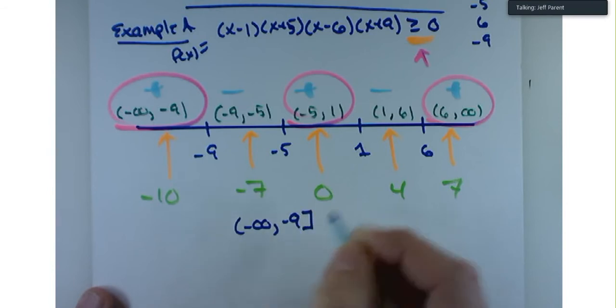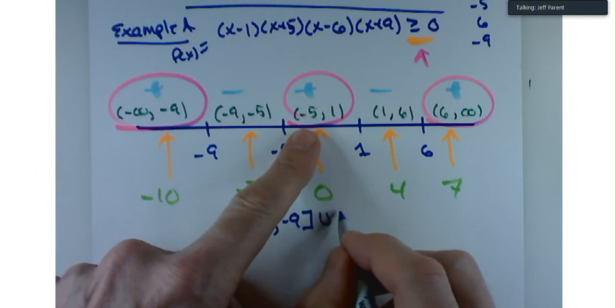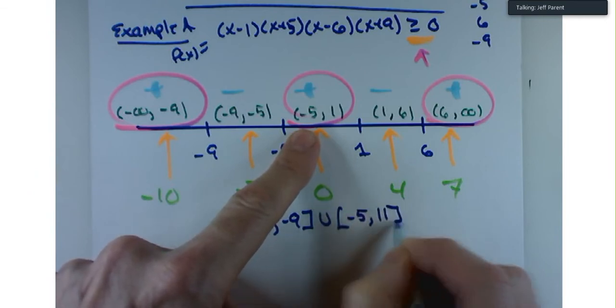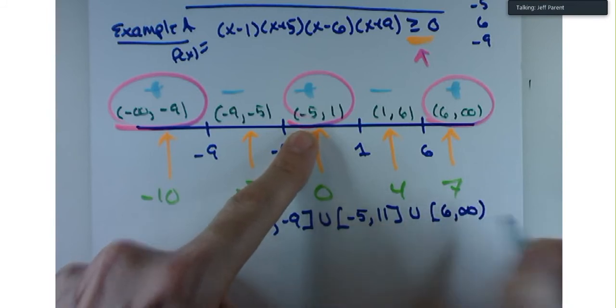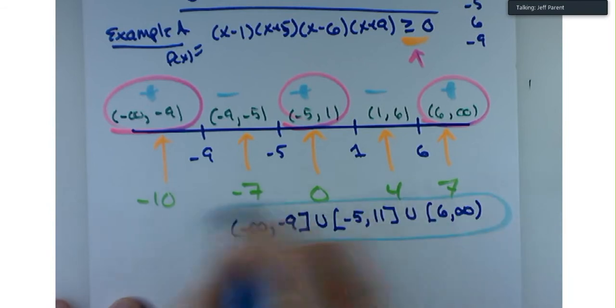The bracket, good. So we want brackets around that. Likewise, I want brackets around all these finite numbers. Negative 5 and 1 get a bracket. And then 6 gets a bracket. Infinity and negative infinity get a parenthesis. So looking great there. That's our answer. All done.